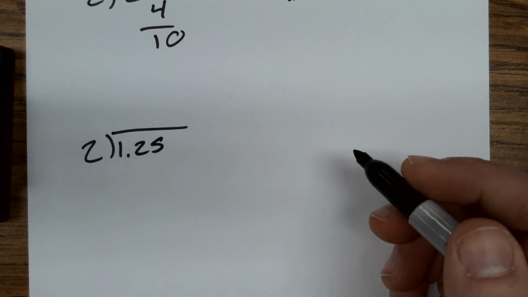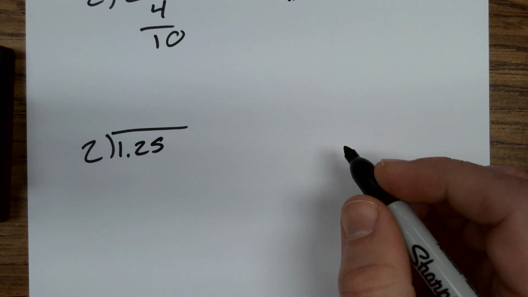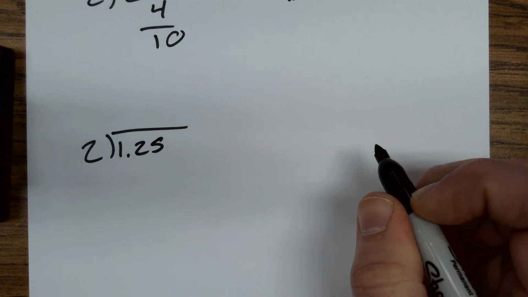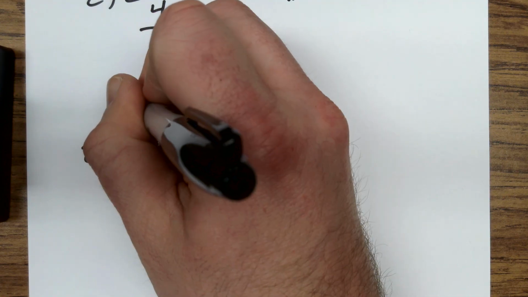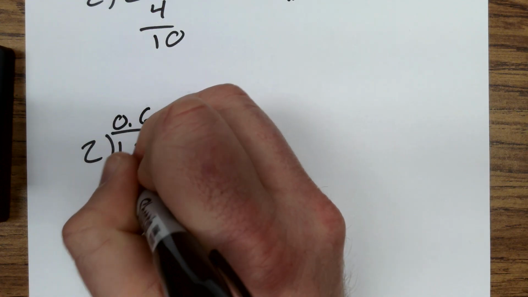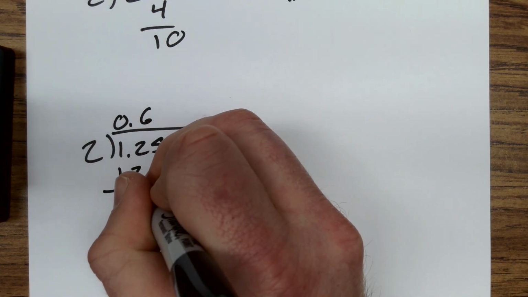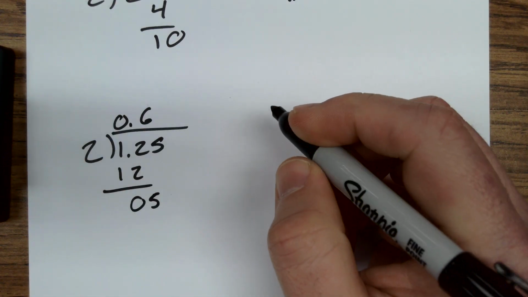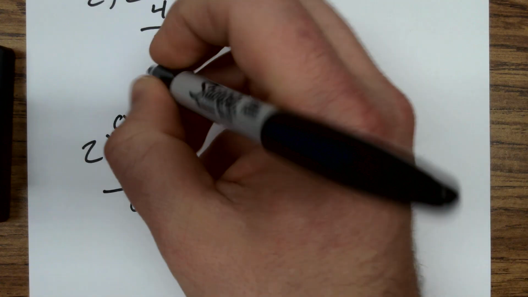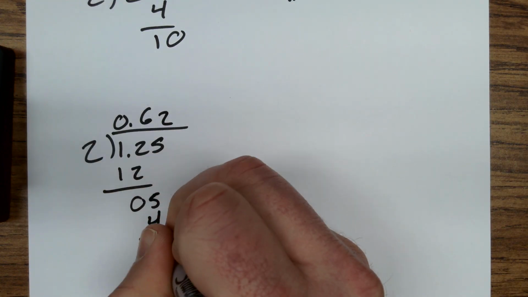Does 2 go into 12? How many times does 2 go into 12? 6. How many times does 2 go into 5? 2. 2 times 2 is 4.